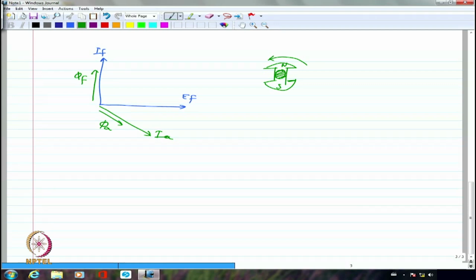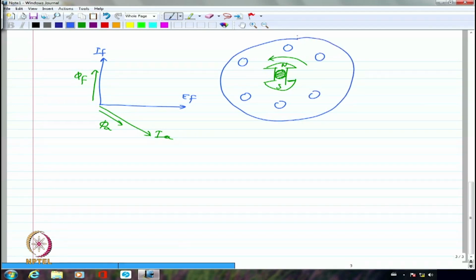The prime mover makes sure that the rotor is rotated at a particular speed, synchronous speed. Now I have A phase, B phase and C phase windings here. These windings are shifted from each other by 120 degrees. So this is A dash, B dash and C dash.